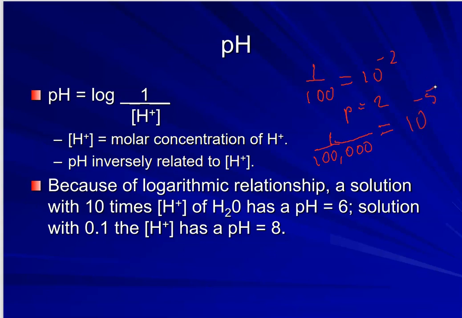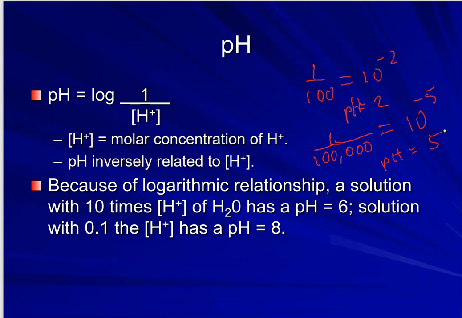So we have a much smaller concentration, and now the pH is the negative exponent. Negative of -5 is plus 5, so the pH is 5. Okay, so this should tell you, for those of you who like the math, the explanation of why the acid gets stronger as the pH numbers get smaller.